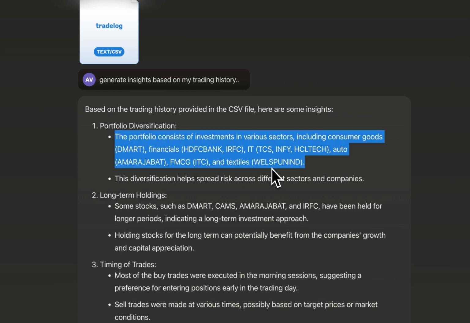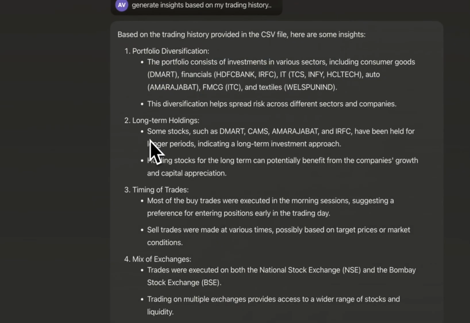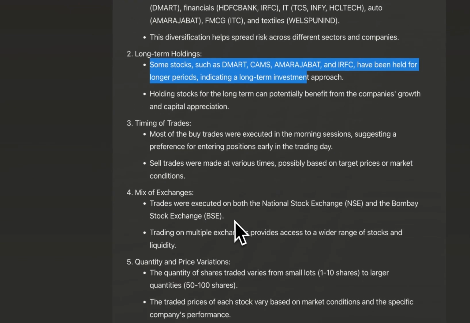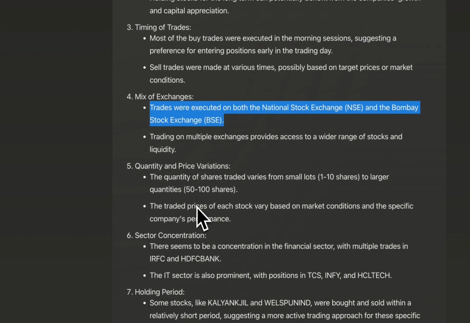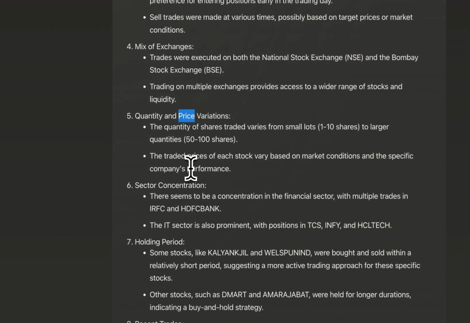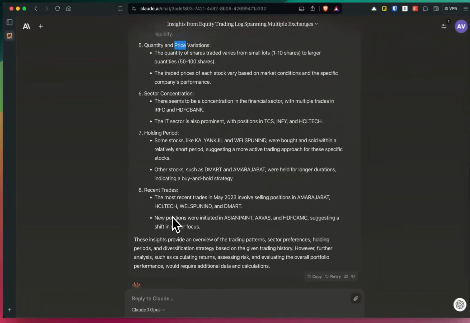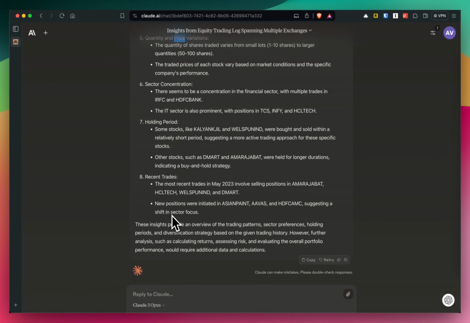FMCG and textile, so fairly okay. However, some of them are not correct. Long-term holdings, fair enough. Timing of trades, mix of exchanges, quality and price variation, sector concentration, holding period, recent trades, etc. So this is a pretty good start.